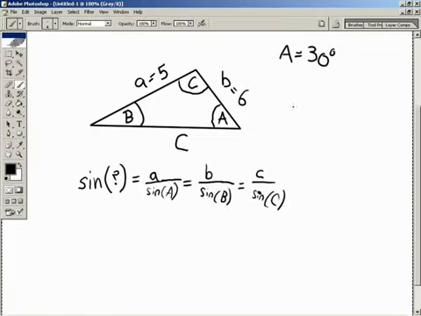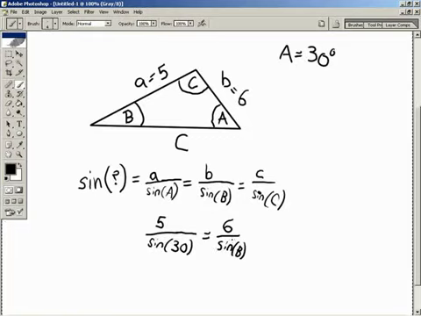So far, so good? You gotta say something. Head nods don't come out in the microphone. Oh, yes. Excellent. So, what we know is this. We know A divided by sine A is equal to B divided by sine B.